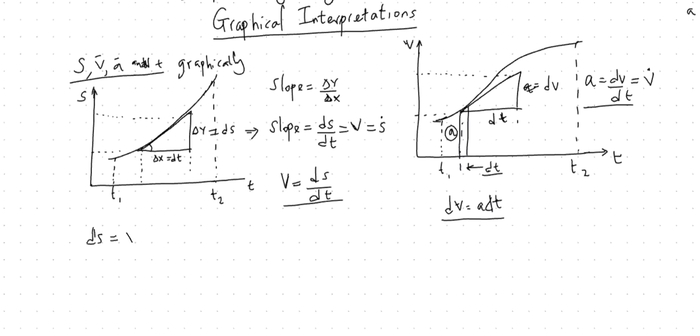If I integrate my lower limit from s1 to my upper limit of s2, and integrate over t, lower limit t1, upper limit t2, and tidy up the equation on the left-hand side, I'm going to have s2 minus s1 equals the area under the v-t curve.